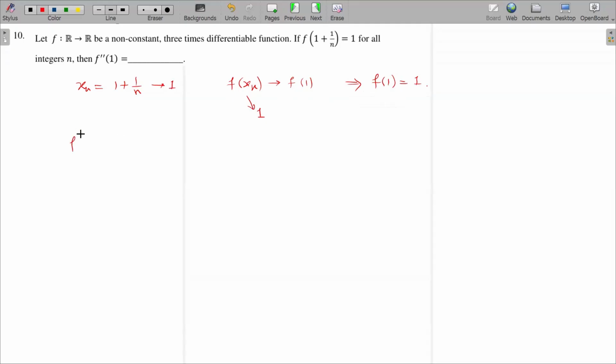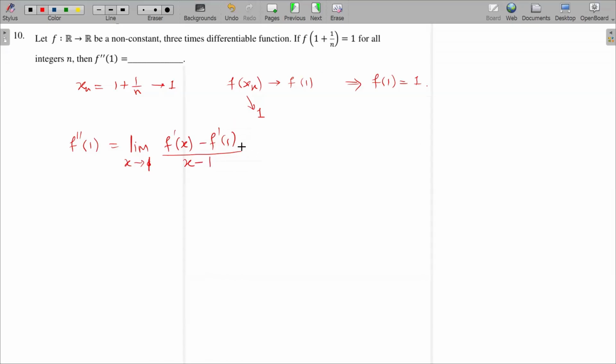Now you see, I want to get f dash 1 first. Because what is f double dash 1? f double dash 1 is limit x tends to 1 of f dash x minus f dash 1 upon x minus 1.